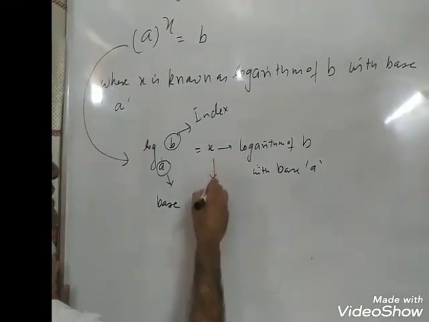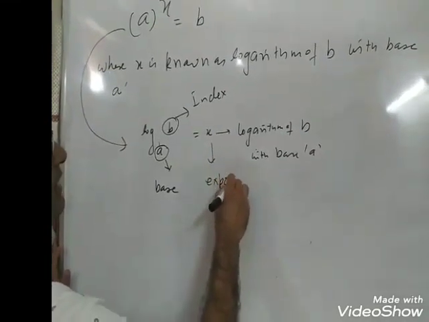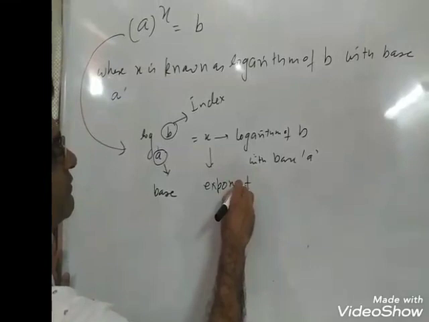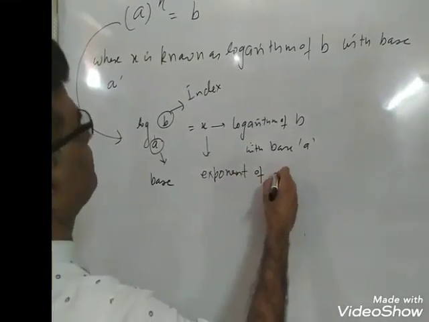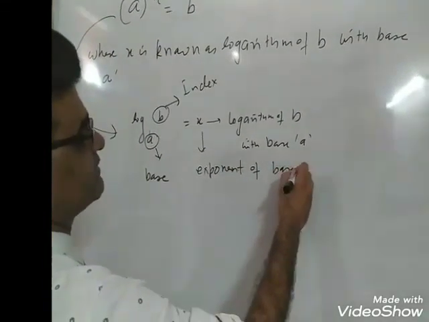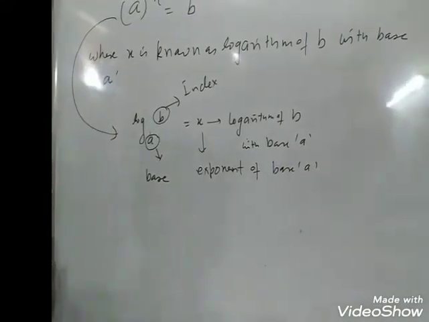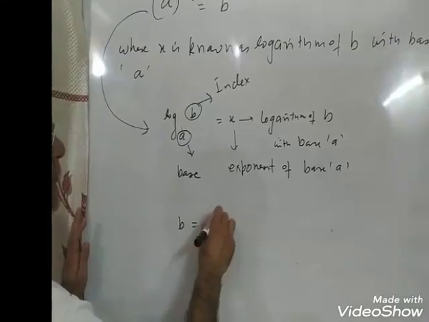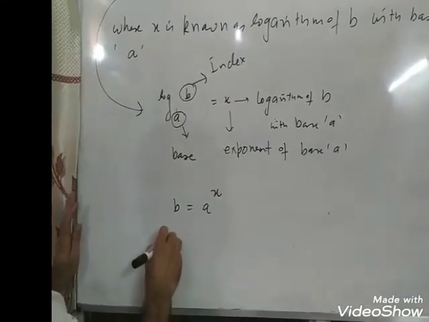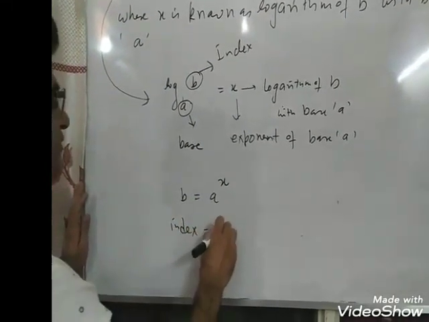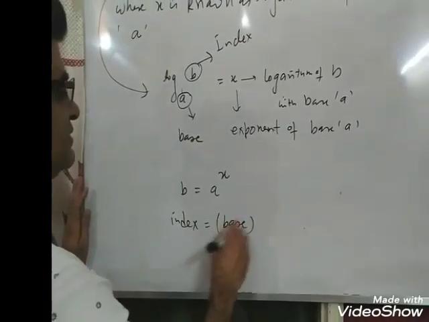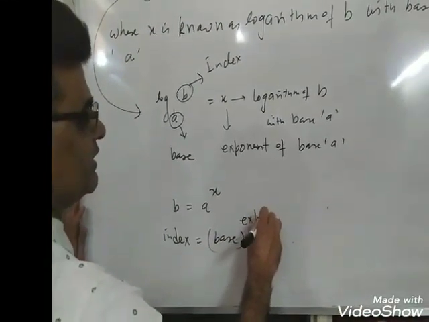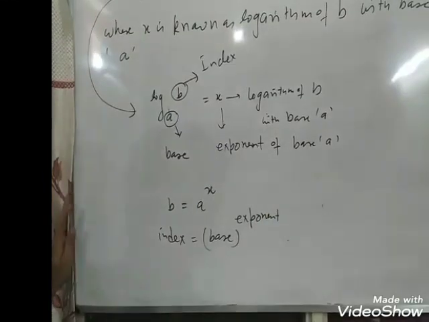This is also known as the exponent of base a. So this can further be written as b is equal to a to the power x. It means index is equal to base to the power exponent.